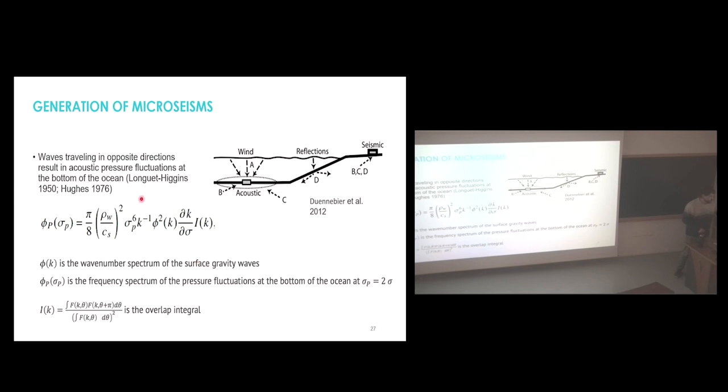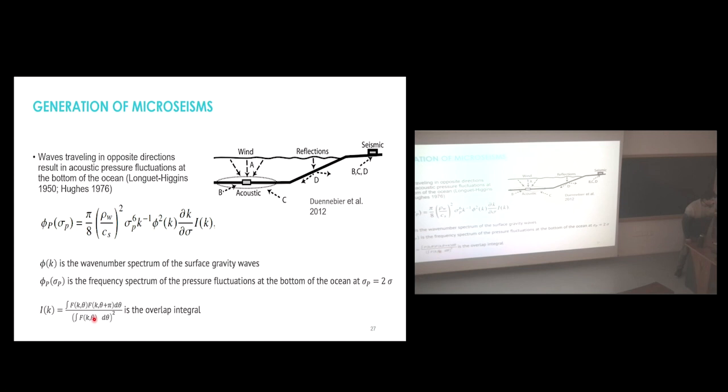So it's the spectrum squared times this azimuthal overlap function, which tells you how much energy is going in opposite directions. And on the left is the pressure that you would measure at the bottom at twice the frequency of the surface waves. And this overlap integral is defined over here.